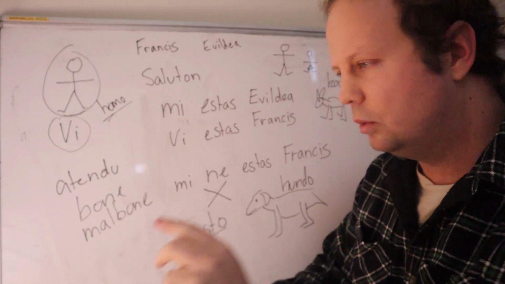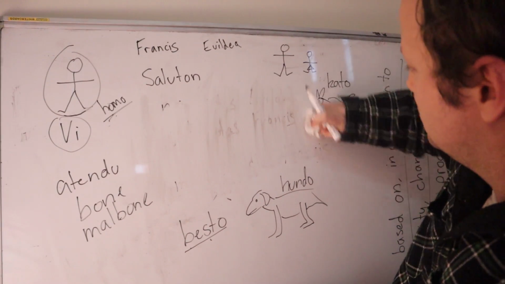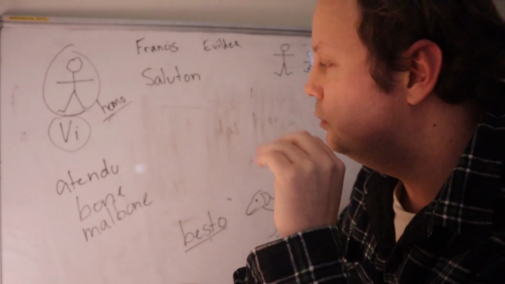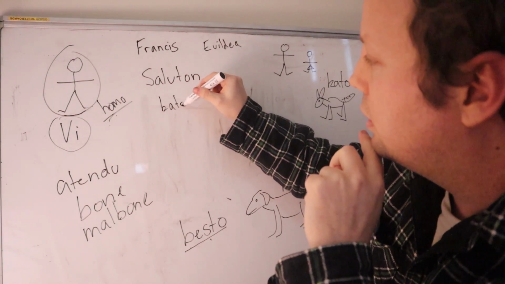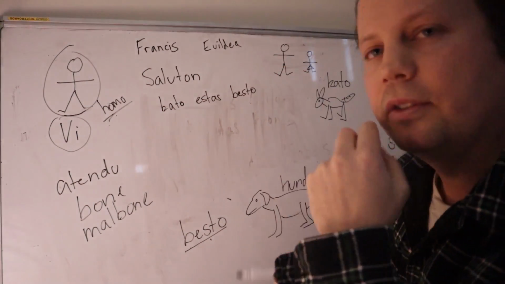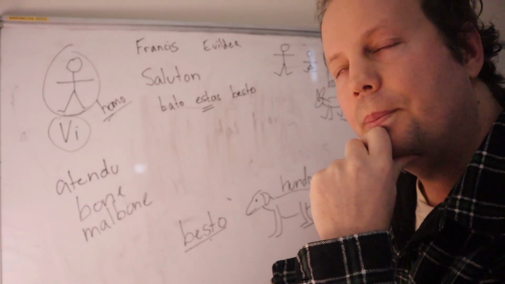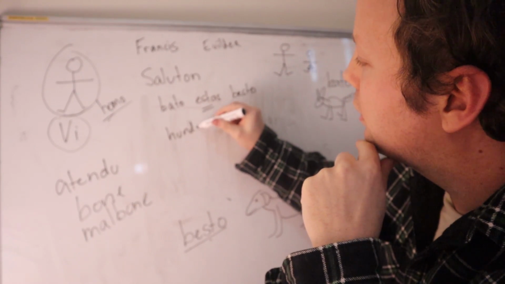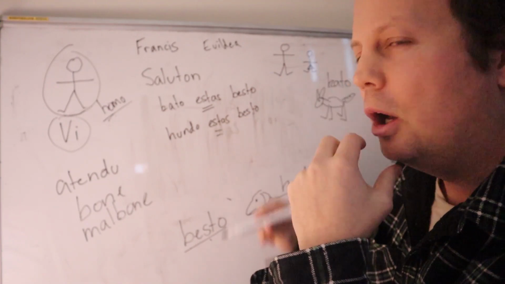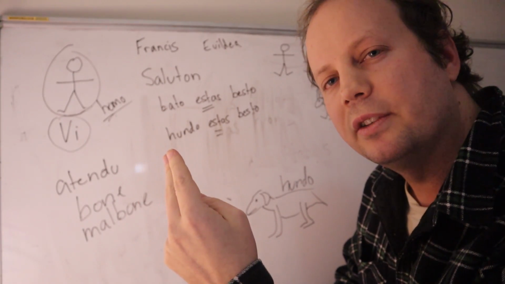Atendu. Kato estas besto. Hundo estas besto. Kato estas besto. Hundo estas besto.